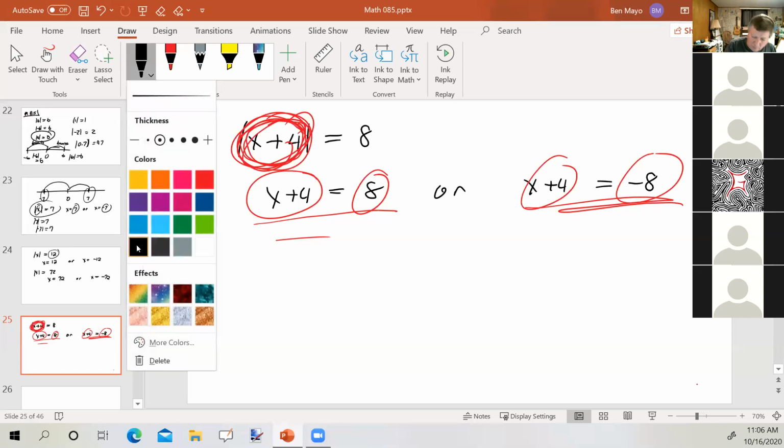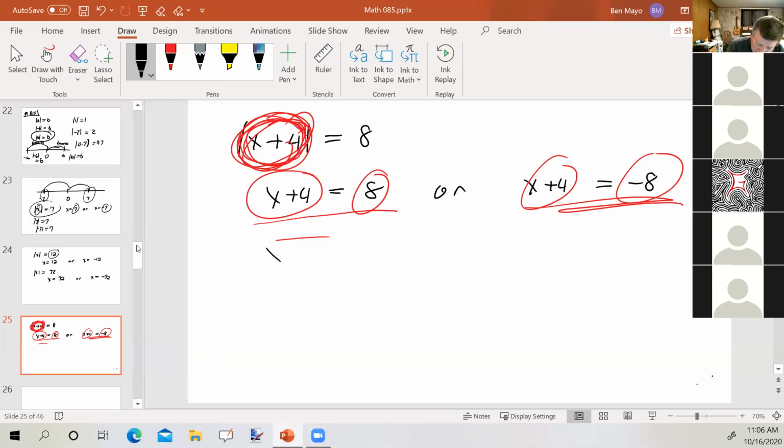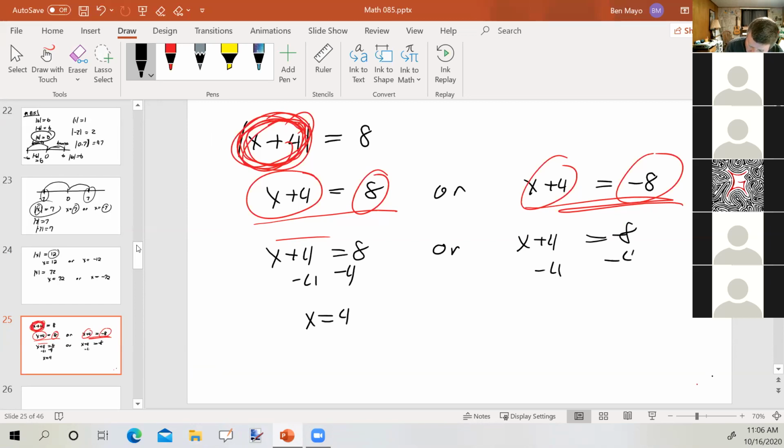Let's do another one. Oh, wait, let's finish this problem. So if we've got x plus 4 equals 8, or x plus 4 equals -8, subtracting 4, we get x equals 4. Subtracting 4, we get x equals -12. Well, let's check our work.